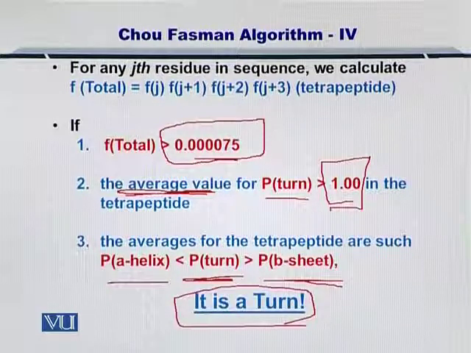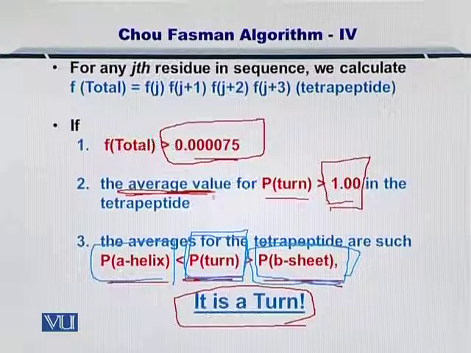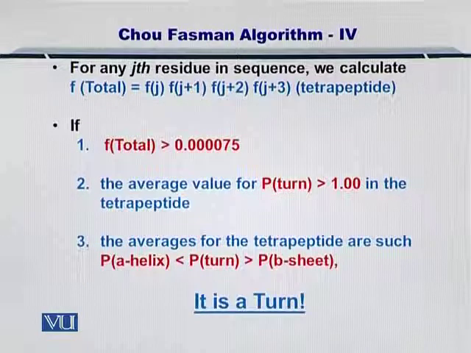So essentially, you compute the propensity of the turn, and then if this propensity is greater than both the propensities of beta sheet and alpha helix, then you classify it as a turn.